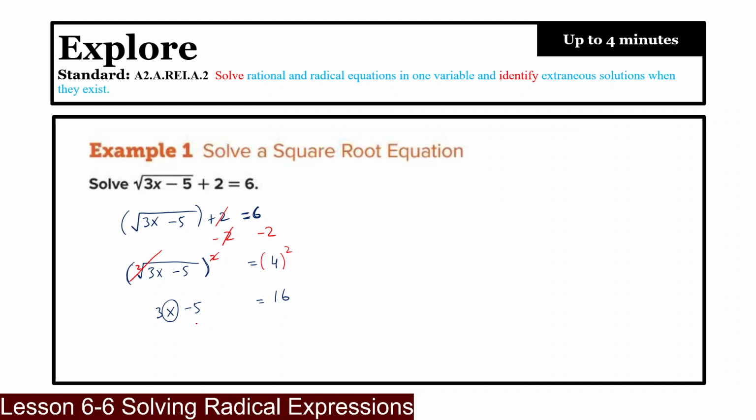The opposite of minus 5 is positive 5 on both sides. Alrighty, so now that we have addition on both sides, we're going to be able to cancel the subtraction right here. So what do I get?